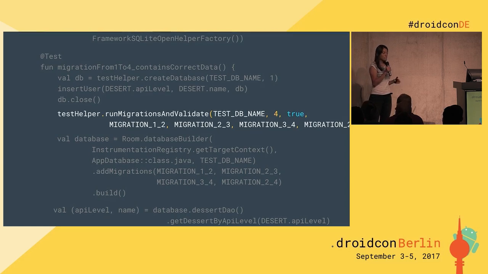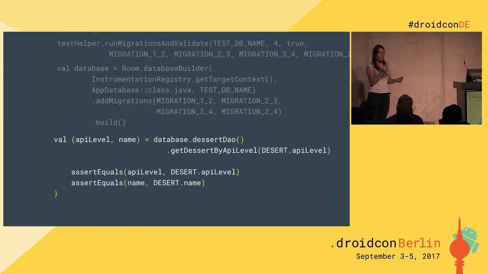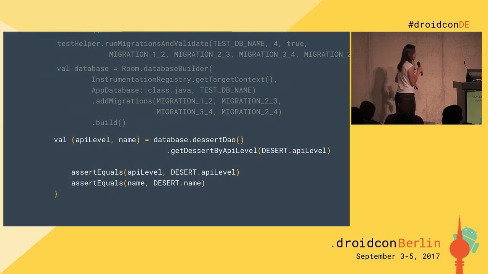So it just checks that indeed things look as expected. But Room doesn't check the validity of the data in the table. So this is something that you will need to do. You will need to get a reference to the database, and then query the database and check that the data you inserted initially is there, and maybe some other columns that you added are there correctly.